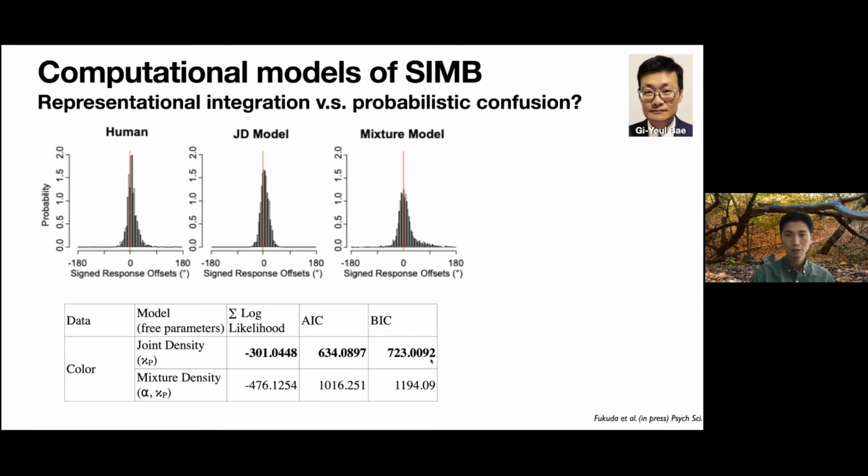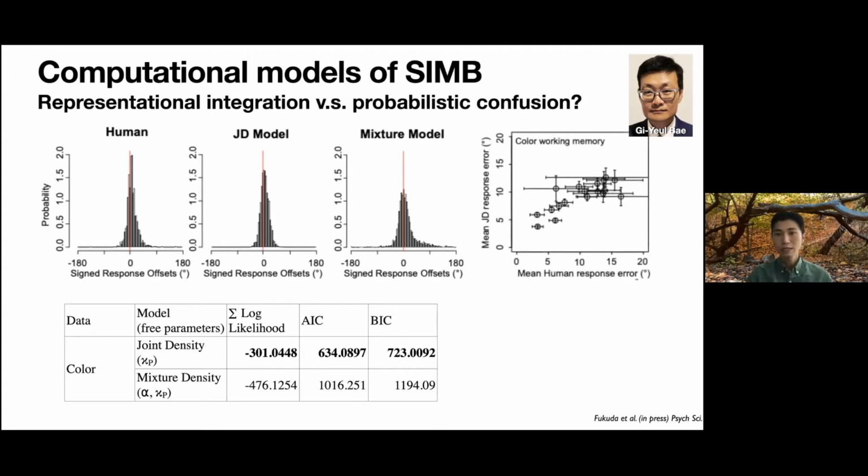What's cool about this JD model is that it can also predict the magnitude of that memory bias across different ranges of probe distance. So here on the x-axis, I'm showing you the human memory error for each probe distance that's shown in different dots on the scatter plot, and the y-axis is the predicted response error from the JD model.